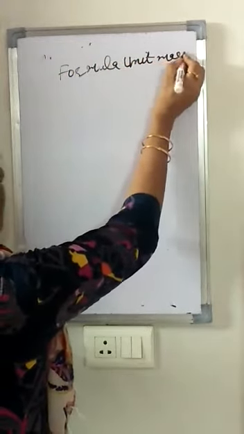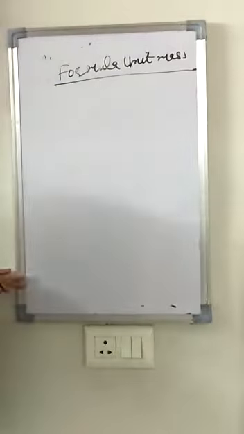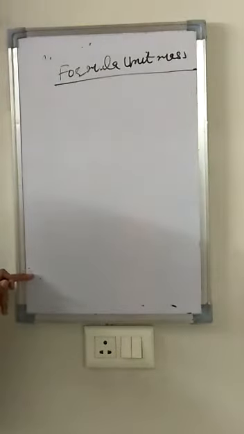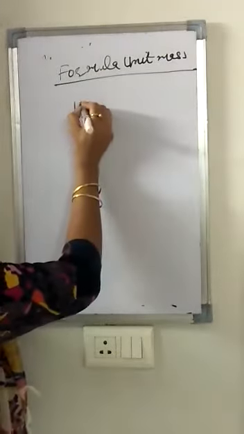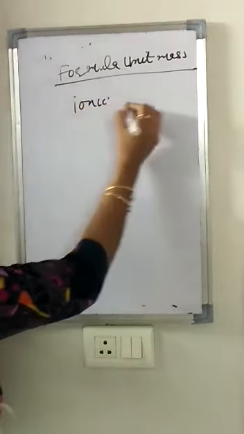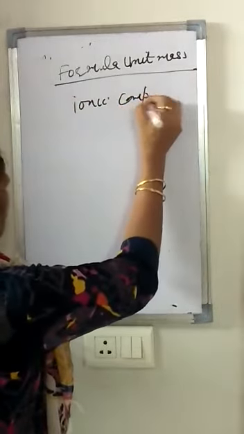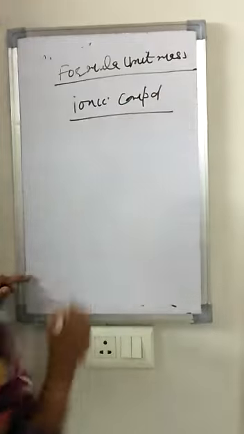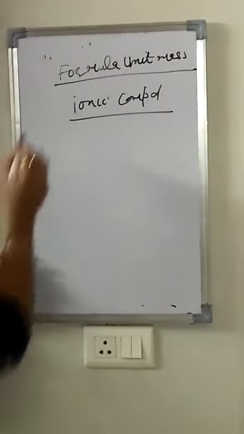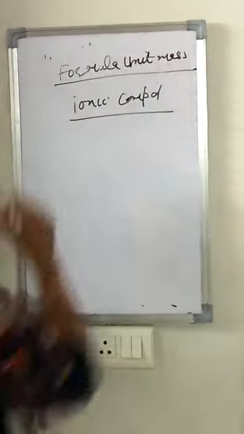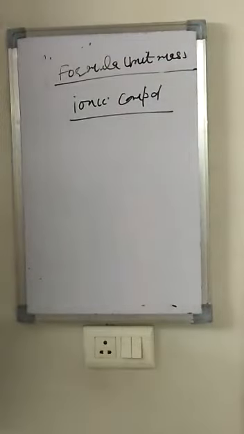You must remember, beta ji, that we calculate the formula unit mass for ionic compounds. We calculate the formula unit mass in the same way as we calculate the atomic mass.